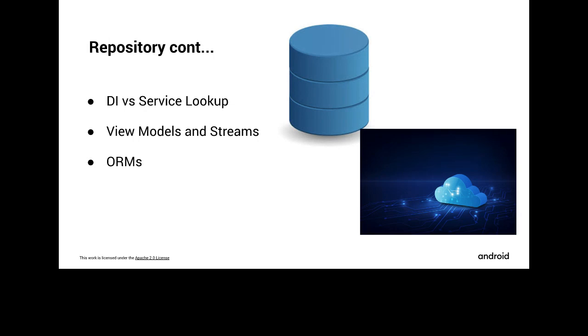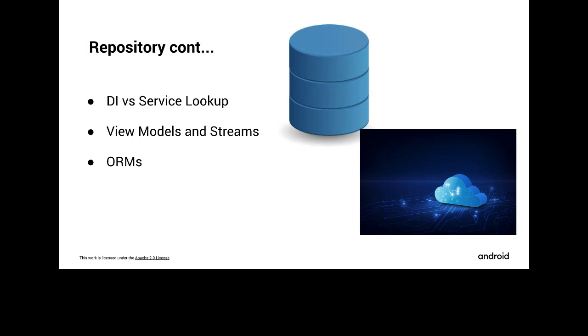And the difference between dependency injection and service lookup is that in dependency injection, the injector also has access to constructors. So if it cannot find the object that you're looking for, it knows enough to create it on its own.